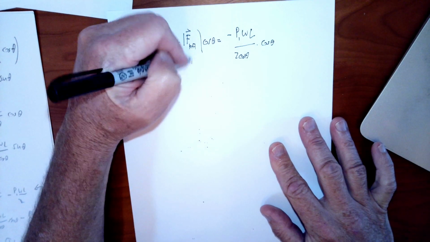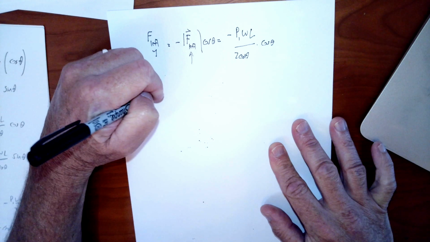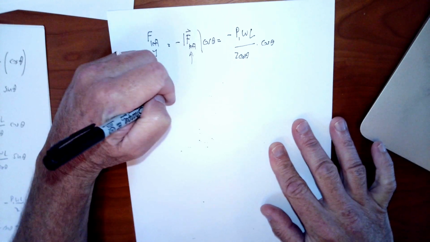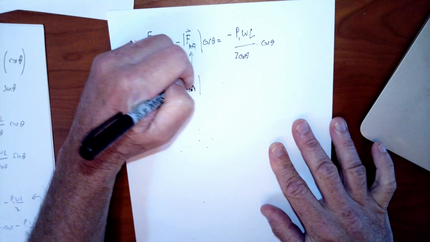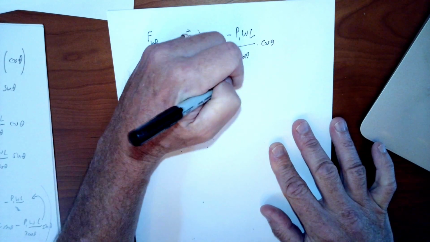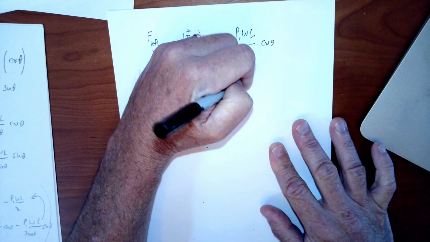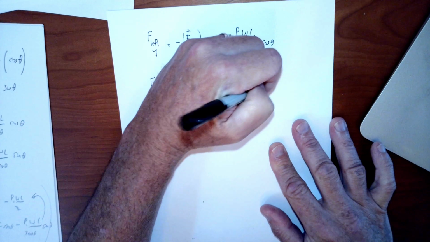Now I've plugged in my magnitude of F left there. So my F left x is equal to the magnitude of F left times the sine of theta, which is P1 W L over 2 cosine theta times the sine of theta.